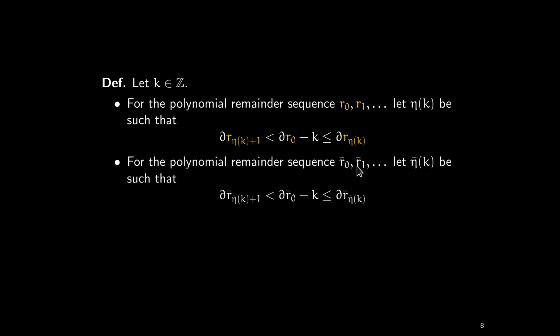There's a picture on the next slide, but let me just say that I define the same thing for the barred sequence. Remember, we compare two polynomial remainder sequences, and I have the eta that refers to the yellow ones and the eta bar that refers to the barred ones.